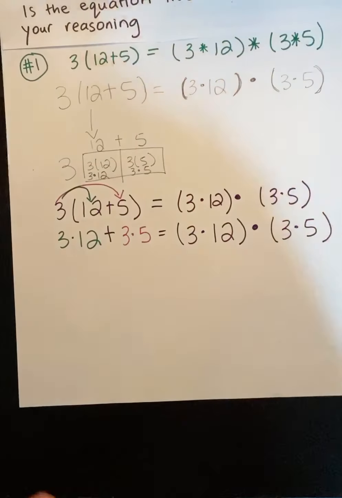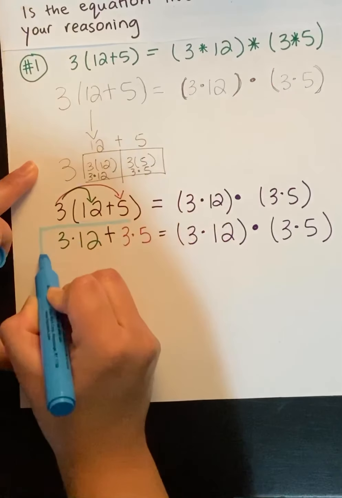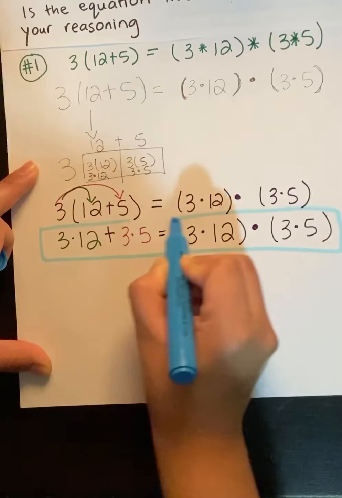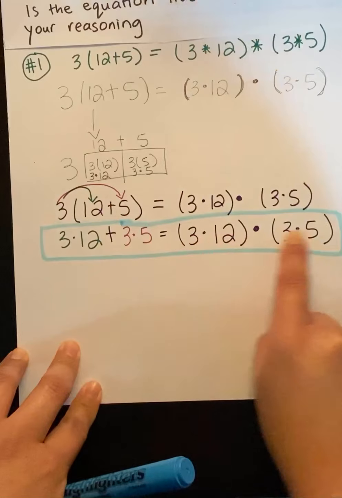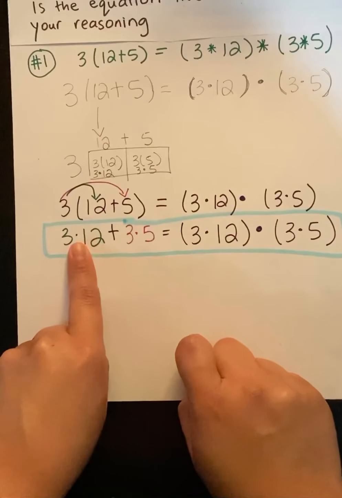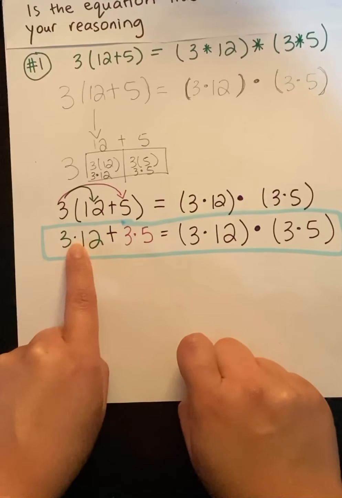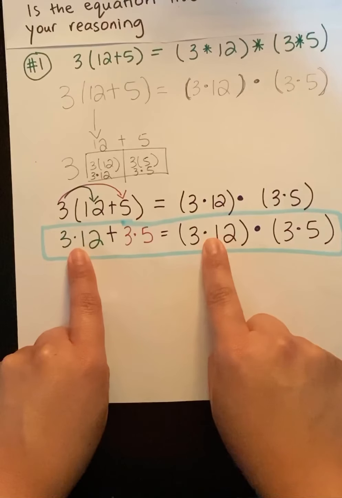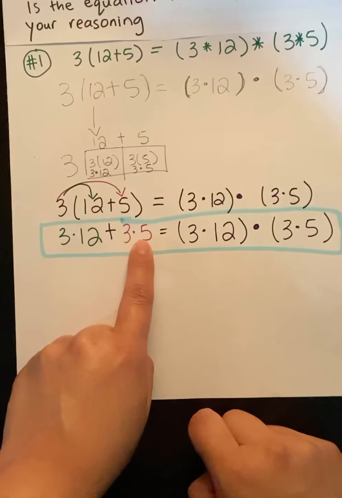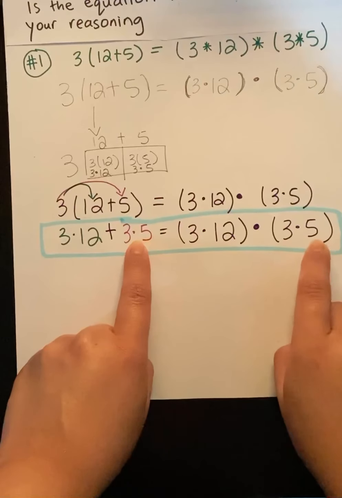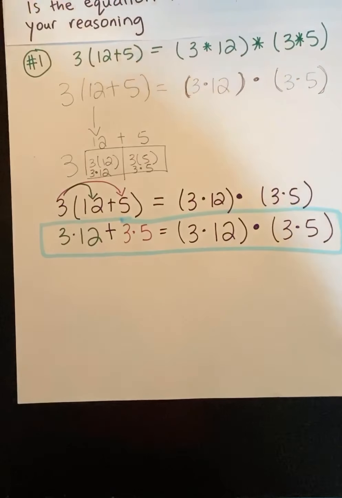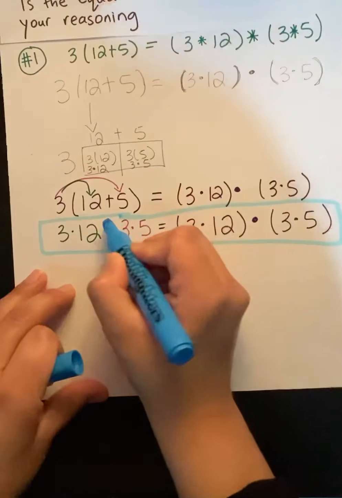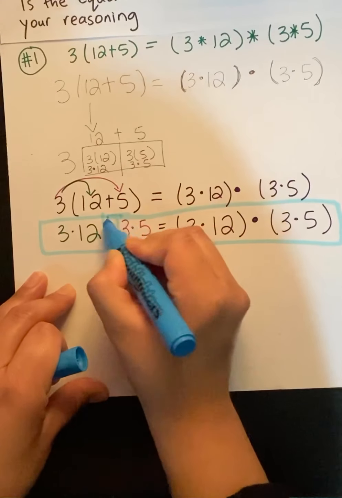I'm going to take a blue highlighter. I noticed that the numbers are the same. I have 3 times 12 here, and I have 3 times 12 here. I have 3 times 5, and I have 3 times 5 here. And I notice that the only difference is that on the left side, there is a plus.